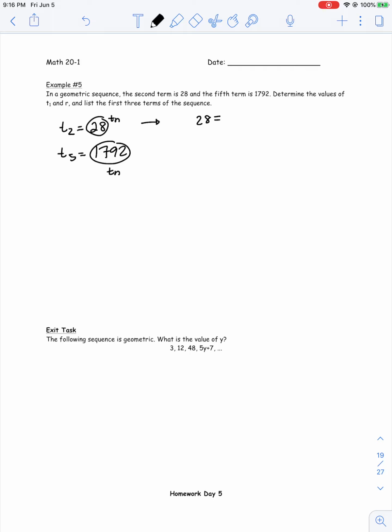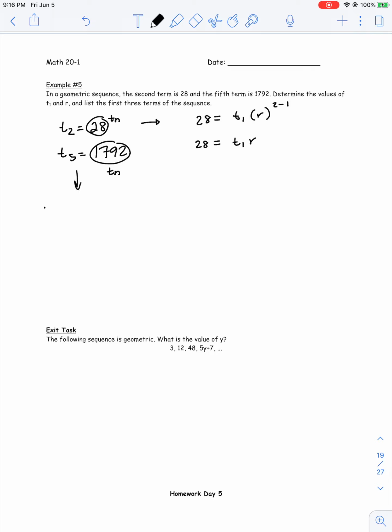So we're starting with the first row only, and that's why we put 28 in the Tn value. T1 we don't know, and r we don't know, but we do know that n is 2 when it gives us a value of 28. So we're going to simplify this to 28 equals T1 r. 2 minus 1 is 1, which we don't have to write a power of 1.